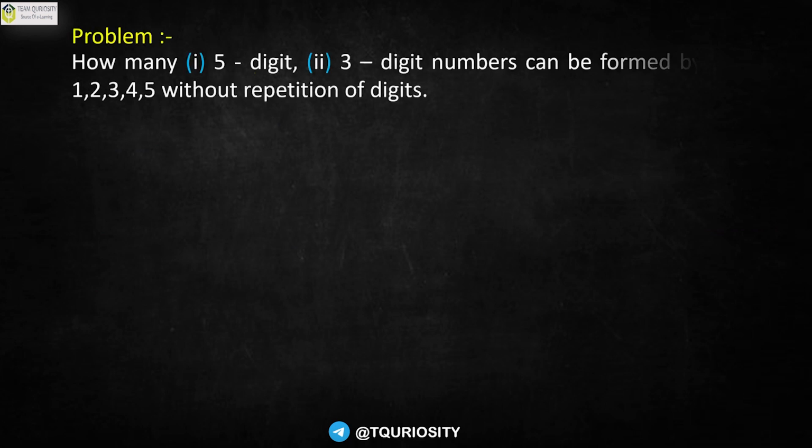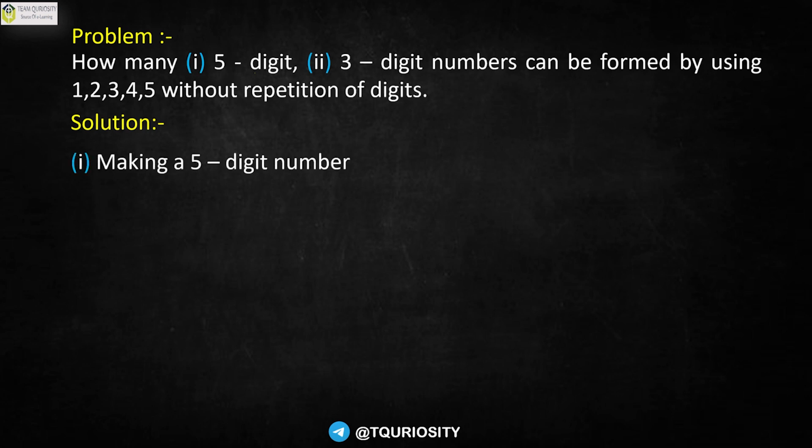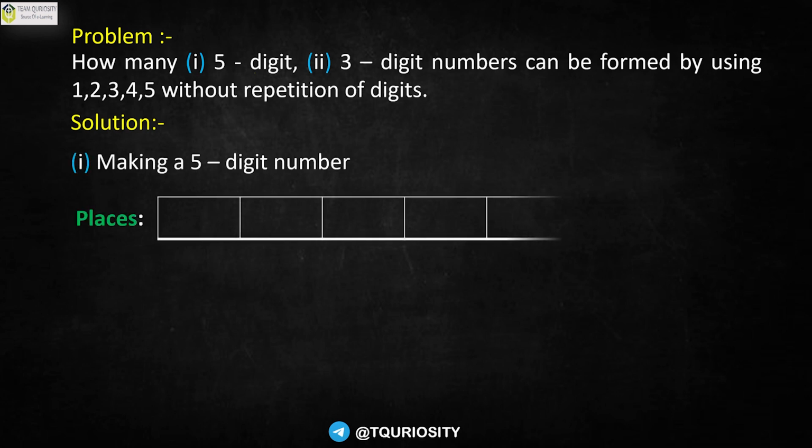The question is, how many numbers can be formed by using 1, 2, 3, 4, 5: bit 1, 5-digit numbers, bit 2, 3-digit numbers, if repetition is not allowed. To make a 5-digit number, a total of 5 places should be filled. The first place can be filled in 5 ways using any of the given digits.